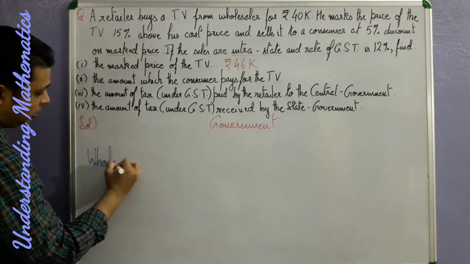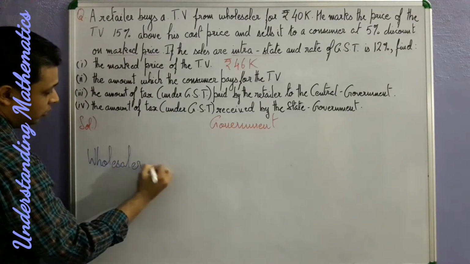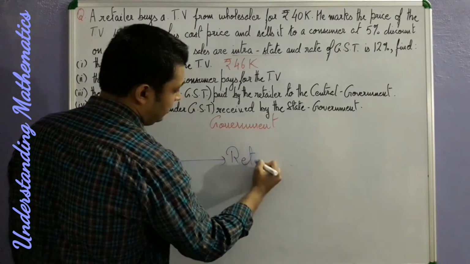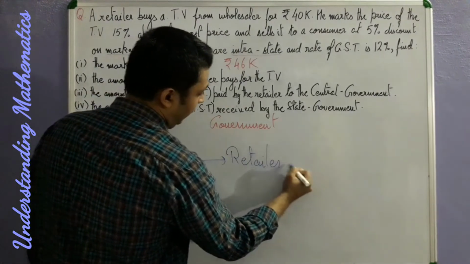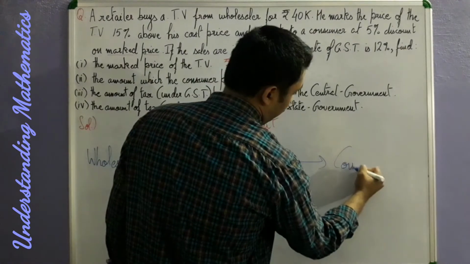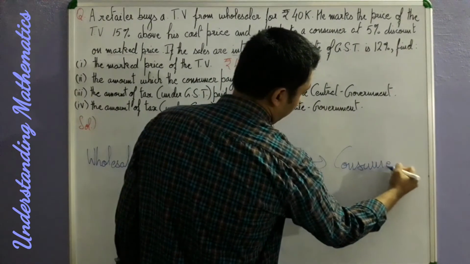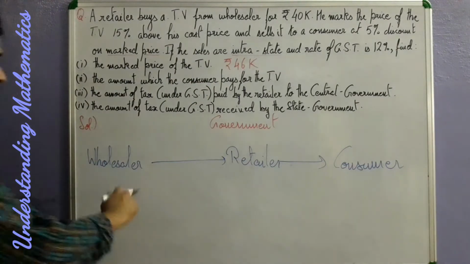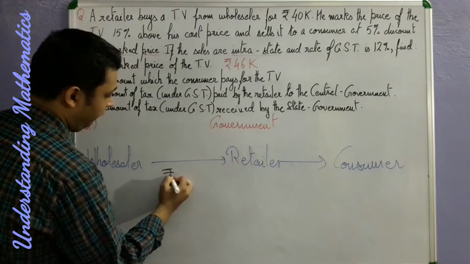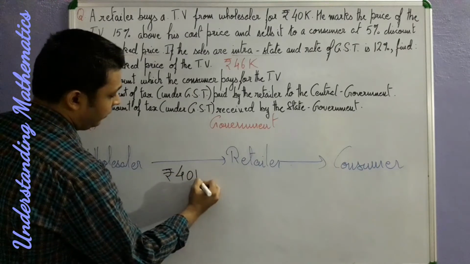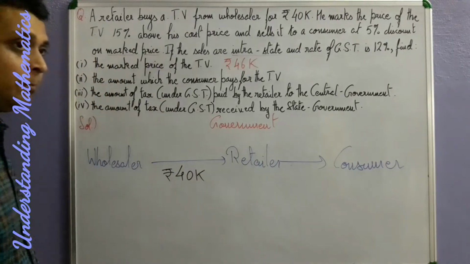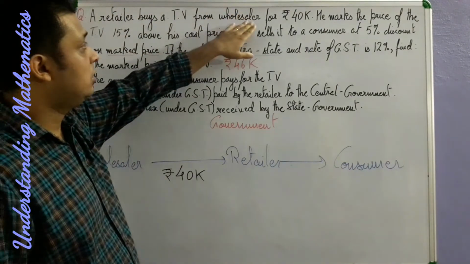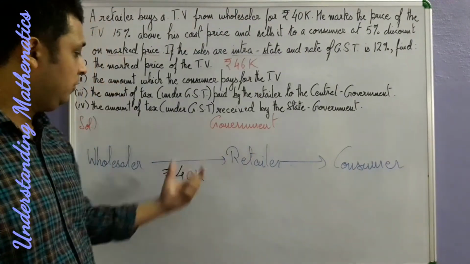So this is our wholesaler, then comes our retailer, and then comes us, the consumer. Clear? We need to remember, just now we calculated that the first transaction was on rupees 40,000, isn't it? This is the price which the retailer pays to the wholesaler for the TV.